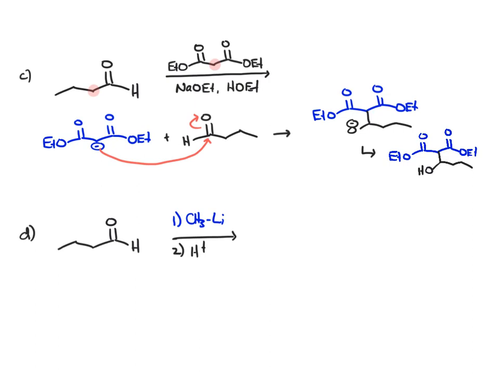And then, like we did before with the aldol reaction, because we have a base around, you can eliminate the H and the OH to give you a double bond. Like that.